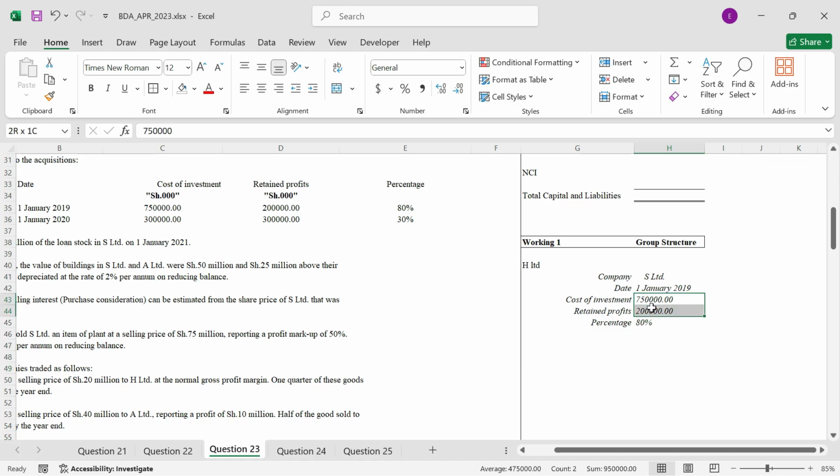We bought it at the value of 200,000. We acquired 80%, so this is our subsidiary.